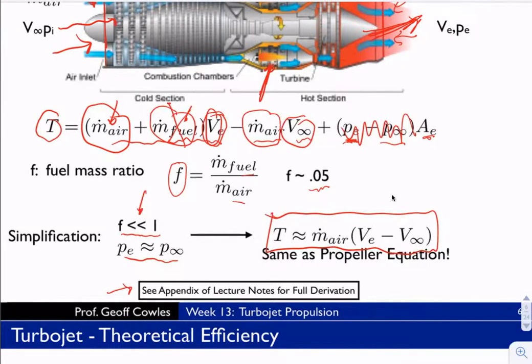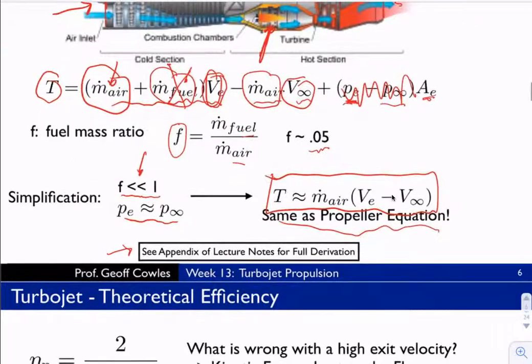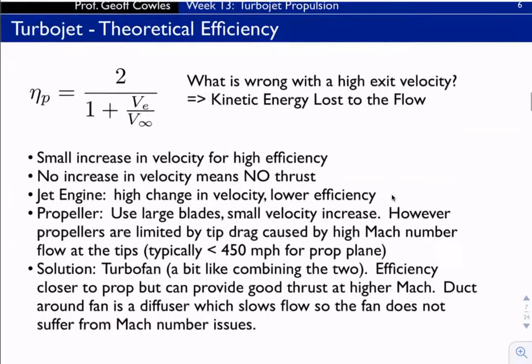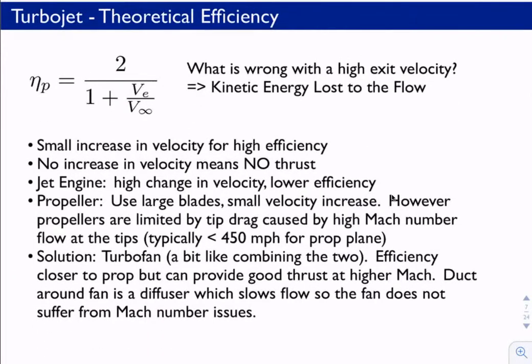This is the same exact equation as we saw for the propeller. For the propeller, there was this velocity difference times the mass flux passing through it, and it was giving rise to the thrust. In terms of efficiency, we can write it in this manner. So we have this theoretical efficiency of 2 over 1 plus this velocity ratio.